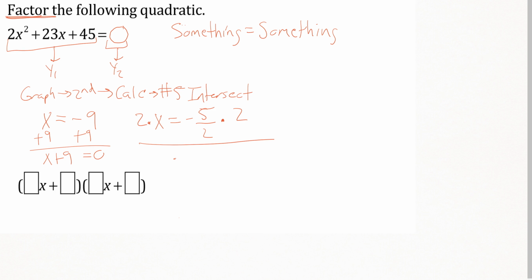We end up with 2x equals, and then our 2 on top cancels our 2 on bottom, so we're left with -5. Now we're trying to get 0 by itself over here, so we add 5 and add 5. We end up with 2x plus 5 equals 0. And now we have our answer: 1x plus 9 times 2x plus 5.